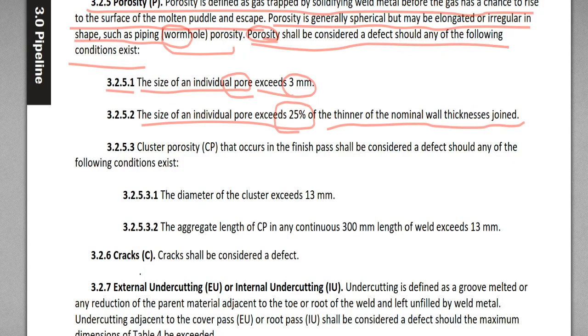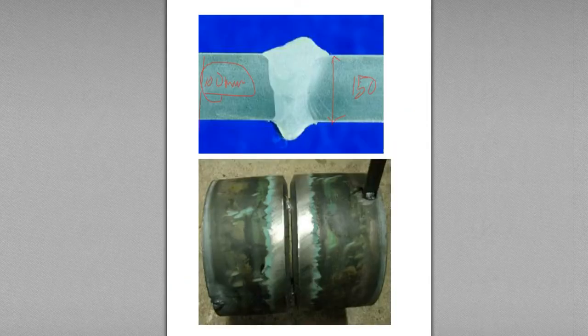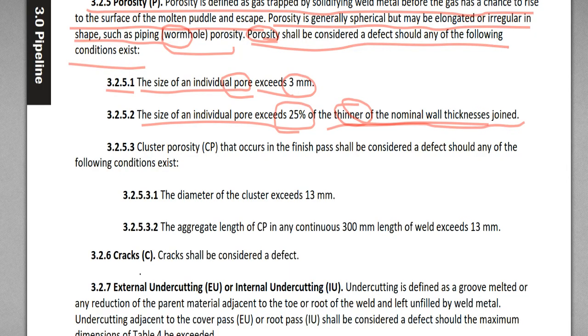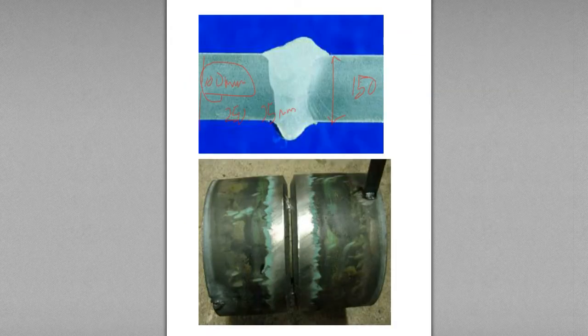Like here it says 25% of the thinner nominal weld thickness. So 25% is 25 millimeter, and 25 millimeter is a very big porosity. If an individual pore exceeds 25% of the thinner nominal wall thickness, like here, exceeding 25 millimeter, then this is reject.